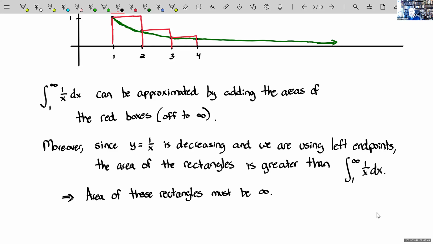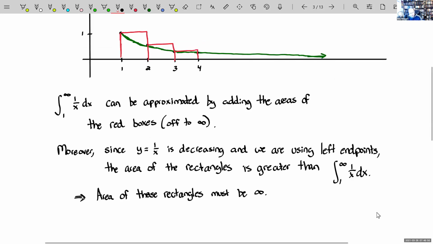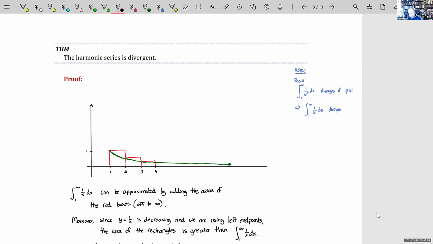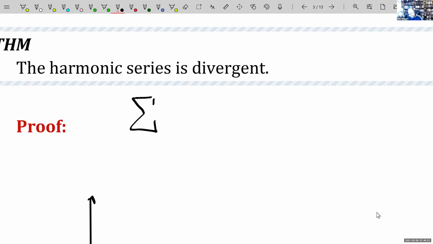Now, what does this have to do with the series that we're dealing with? Well, the harmonic series is this: the summation n equals 1 to infinity of 1 over n. That's 1 plus 1/2 plus 1/3 plus dot, dot, dot.